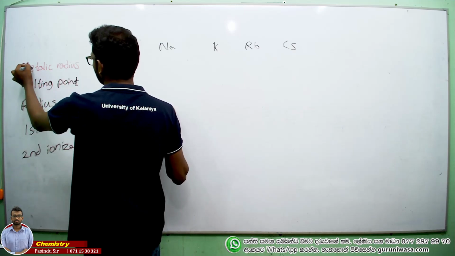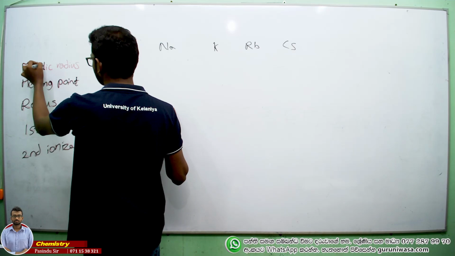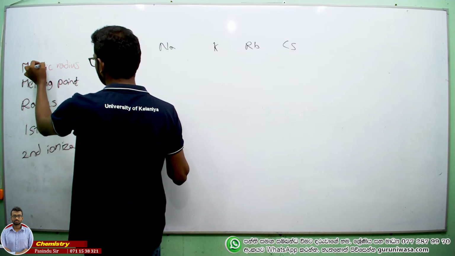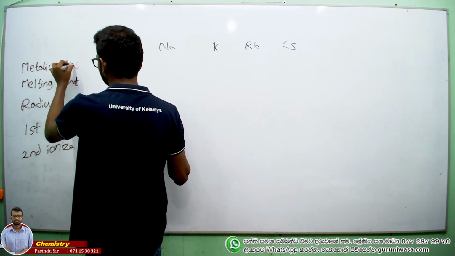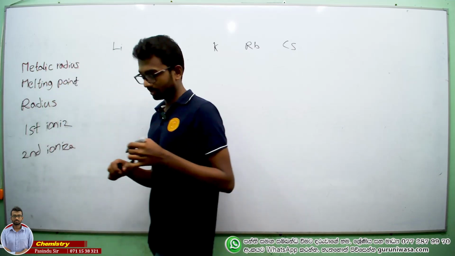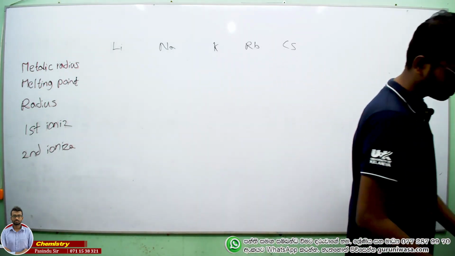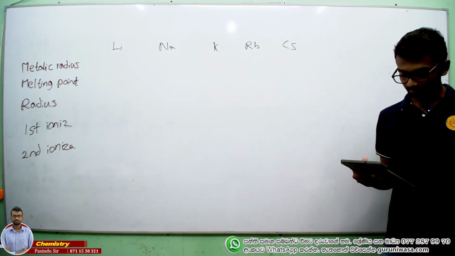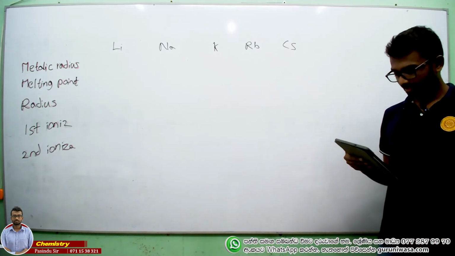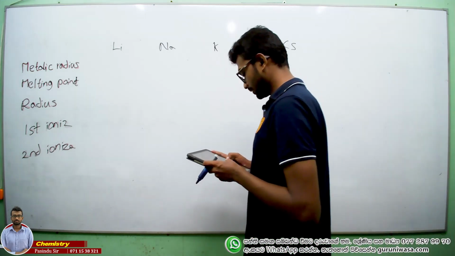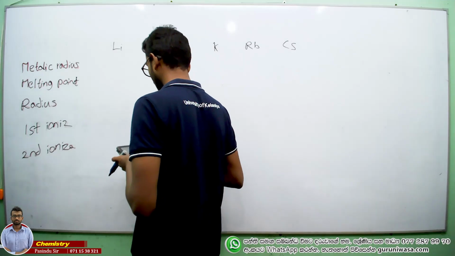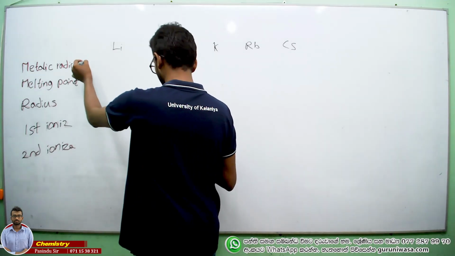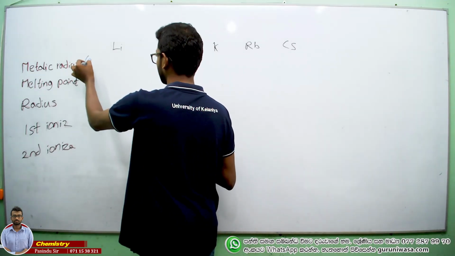This is metallic radius. These are real values, huh? Metallic radius from pm, picometer.